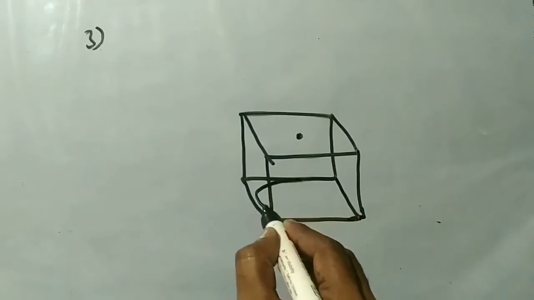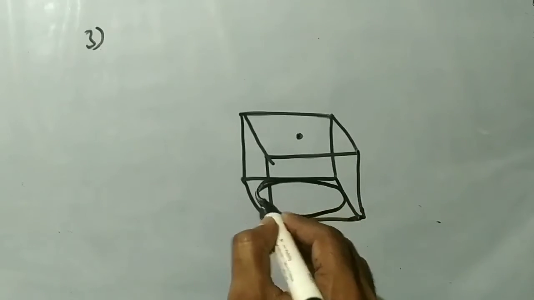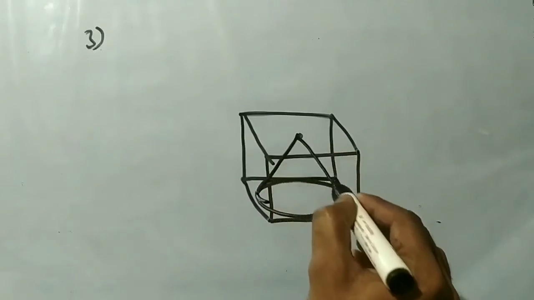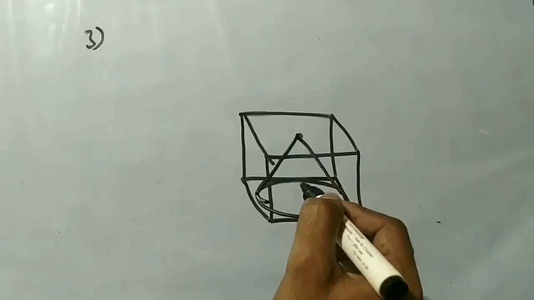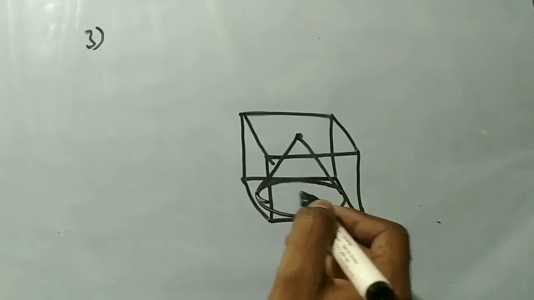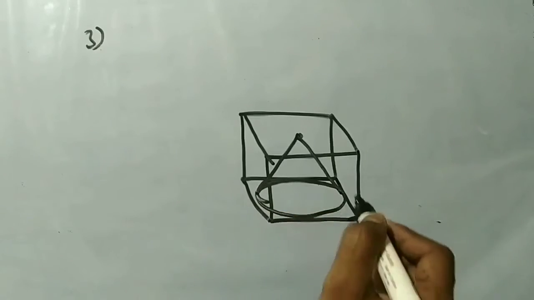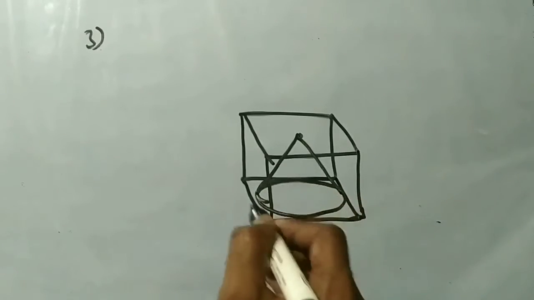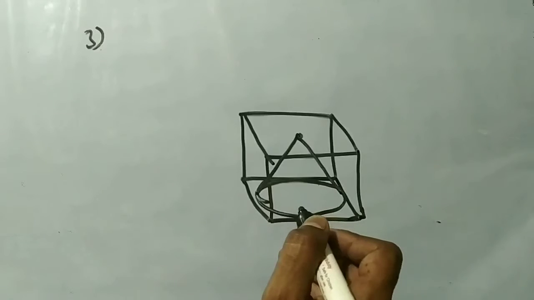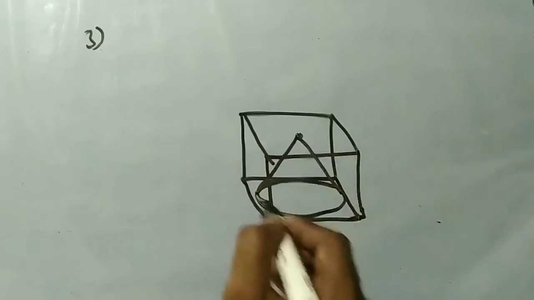Let's draw a circle here, which is the circle base of the right circular cone. This is the largest right circular cone in the cube, because it touches all sides of the square. So definitely it will be the larger one.